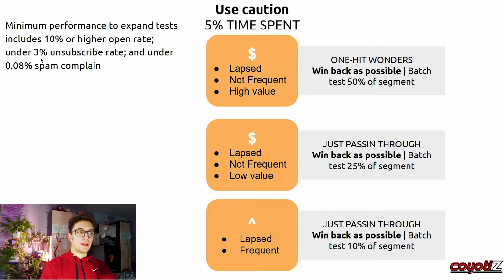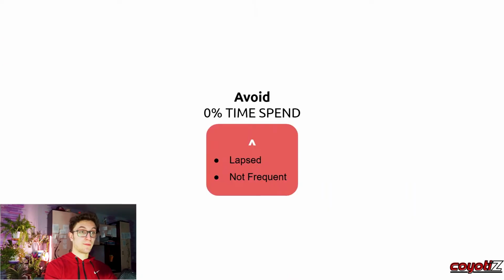Your unsubscribe rate should never exceed 33%. If it does, completely cut it off. Stop the campaign or segmentation, and keep spam complaints under 0.08, which is actually detrimental for your Gmail domain health. So definitely be cautious with them.